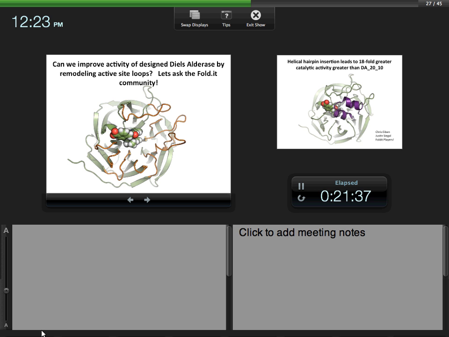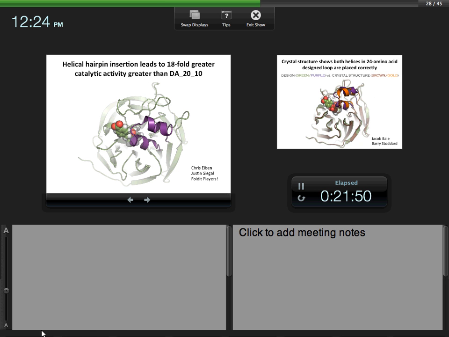So Chris actually posed this as a challenge to Fold It players, and here's what the model of the enzyme looks like with the two substrates. And the one obvious problem is that, as you can guess, the Km for the smaller substrate is absolutely horrible. And so we just said to the Fold It players, can you get more binding interactions? The Fold It players came up with this big insertion here, and then when Chris made it, it was dramatically better than the original design.